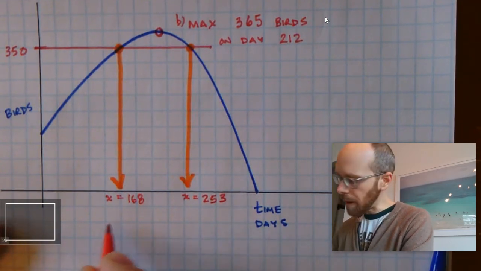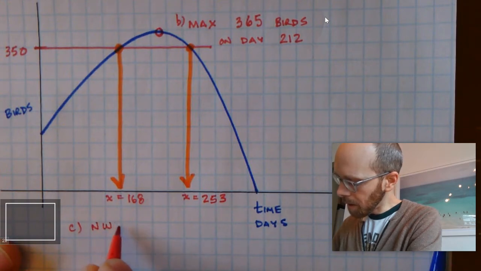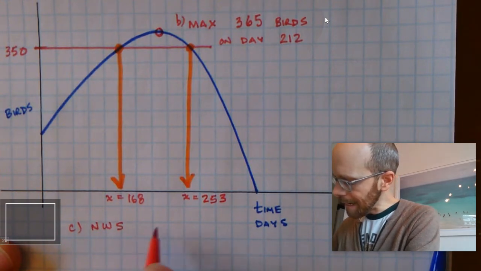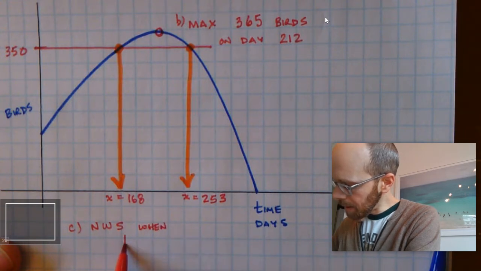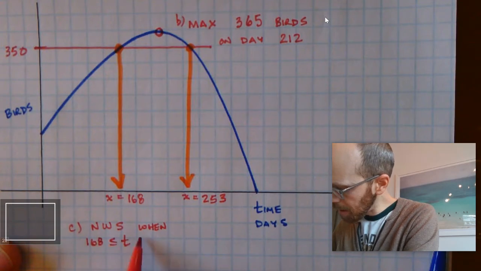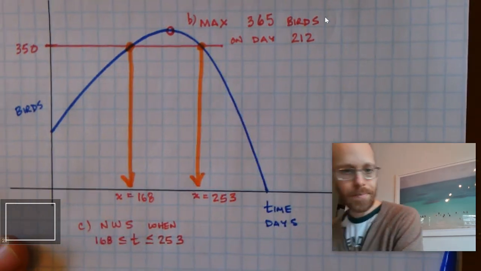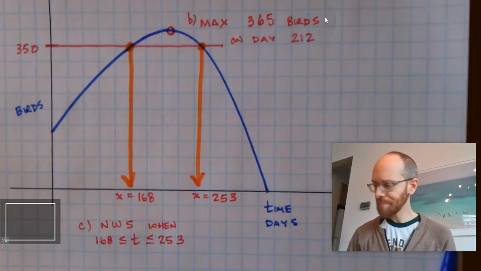So the answer to the question for C is that the National Wildlife Service is doing containment when the time is greater than or equal to 168 days, less than or equal to 253 days. So there's your answer to C.